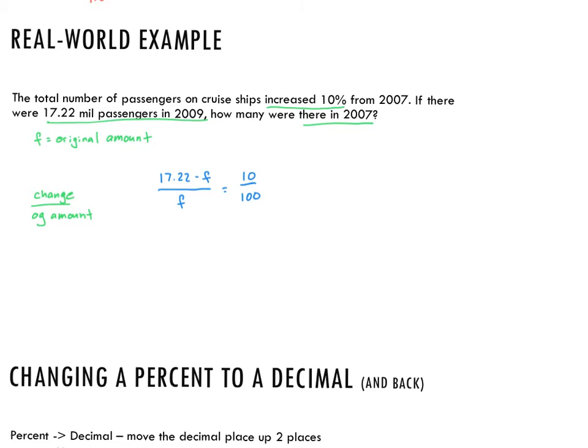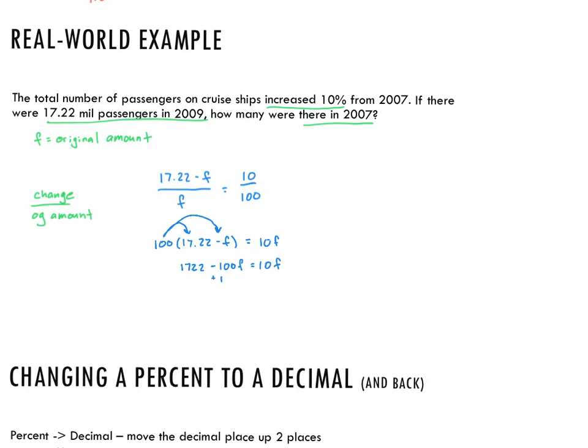Now I cross multiply like normal. So I have 100 times 17.22 minus f is equal to 10f. Make sure you distribute. If you do not distribute, you will get something very, very weird. And now I'm just going to solve for f.